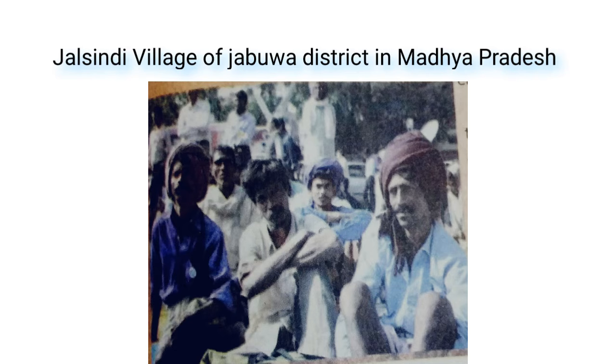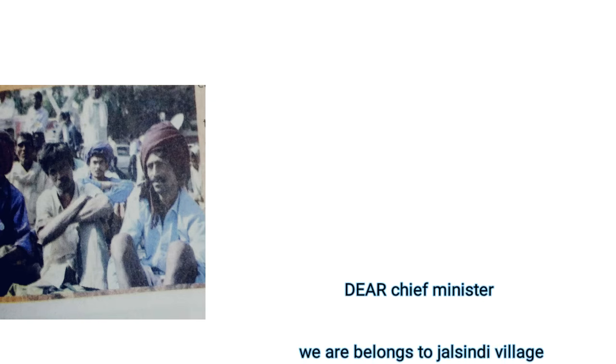Okay, so let's see what he explained in his letter. We have lived here for generations. That means he said in his letter, we have lived here for generations.